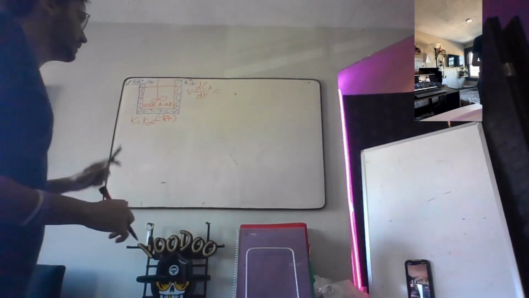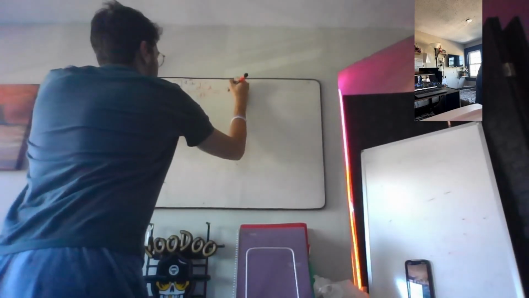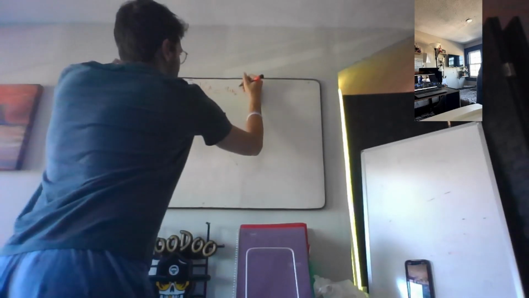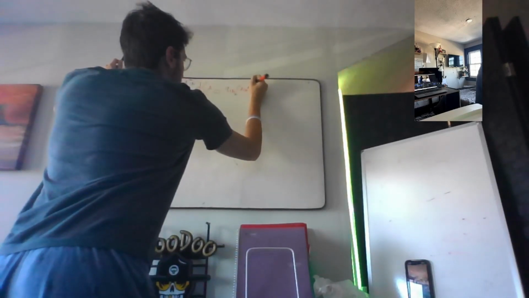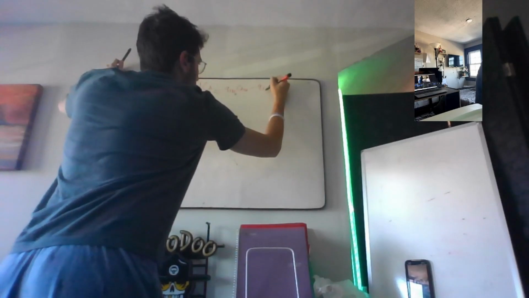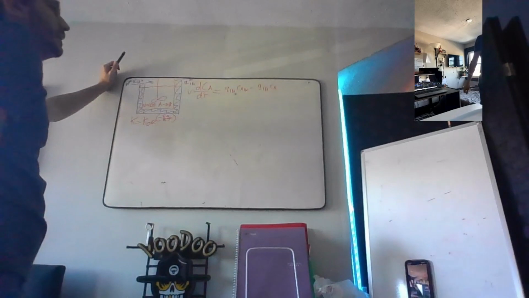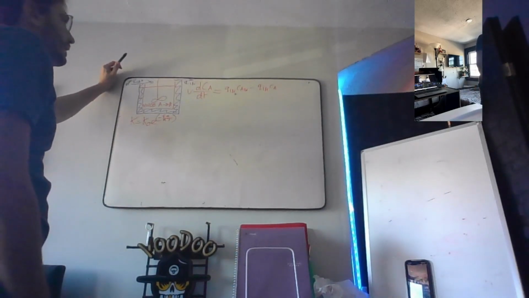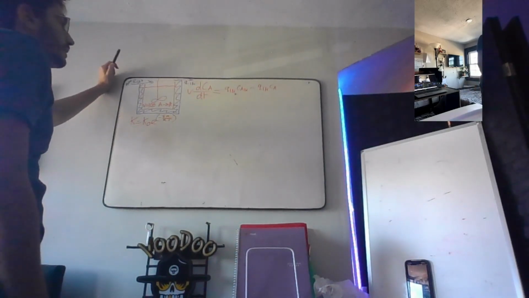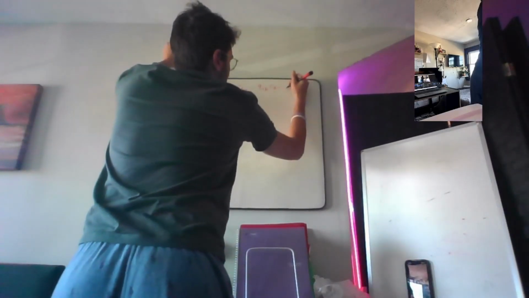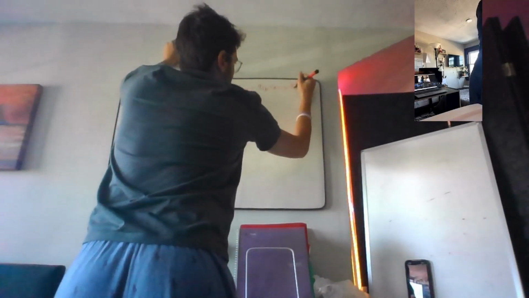So with what's coming in, we have Q in multiplied by the concentration that's going in. Then we're subtracting Q in times CA at any time t, right? And then we're going to subtract V times KCA, right?